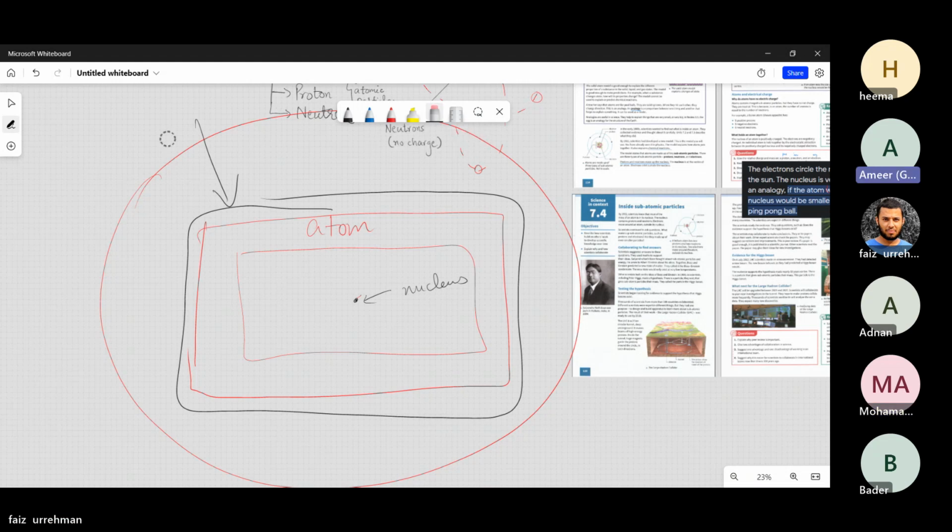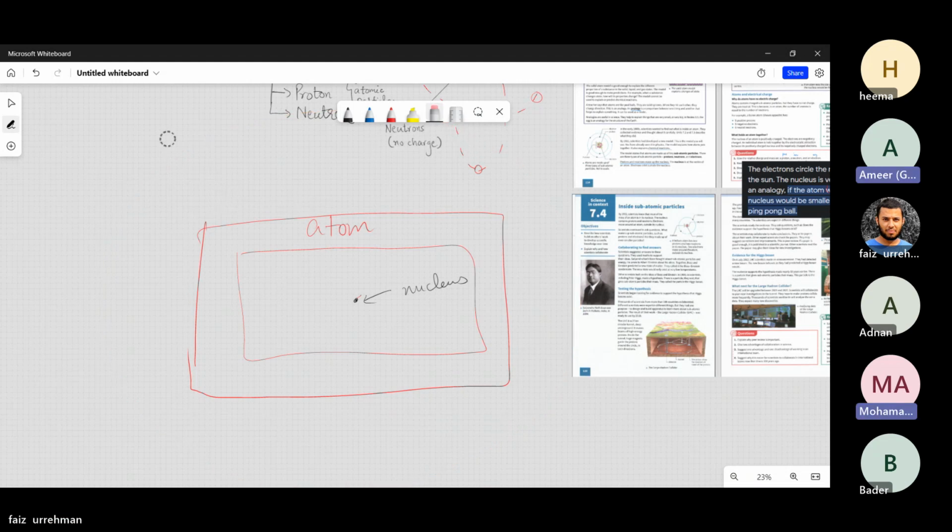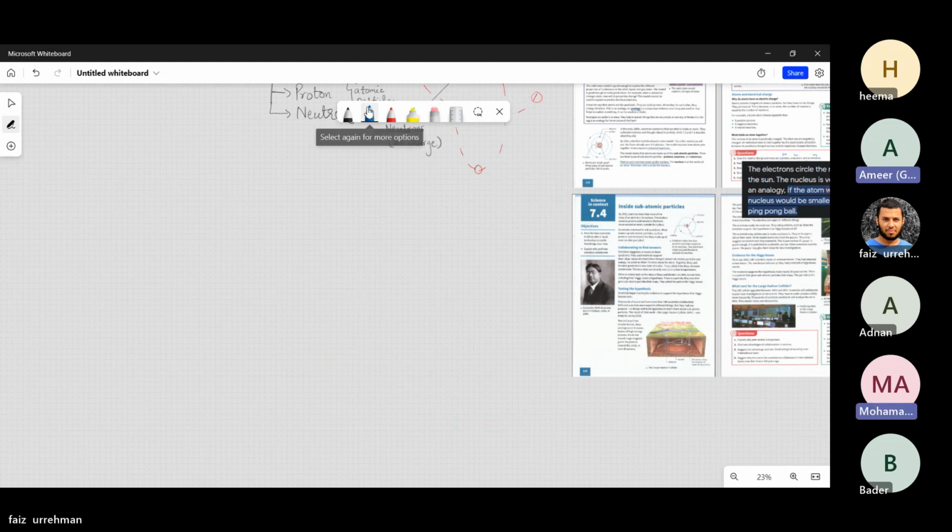You can say the orbiting of the moon around the Earth. Like the Earth is the nucleus and the moon is the electrons. It's the same, because the Earth is small and the moon is orbiting the Earth. It can be a good analogy because Earth is small and the moon is smaller.